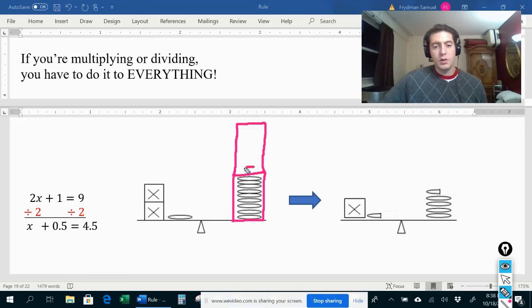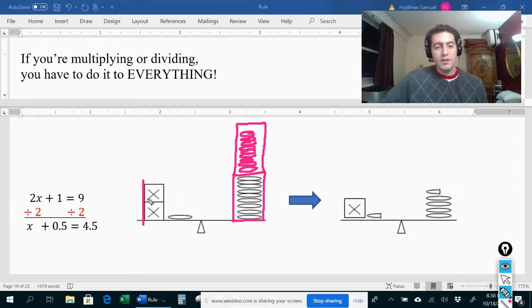Let's count those quickly. 1, 2, 3, 4, 5, 6, 7, 8, 9. So I just doubled the weight of this side. Then in order to keep everything balanced, I would have to double the weight of this side also. And that doesn't just mean the x's, that means this stone over here as well.